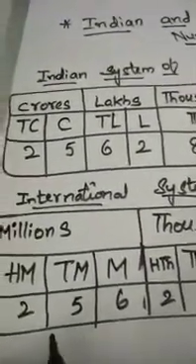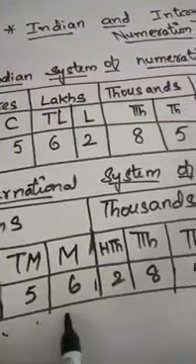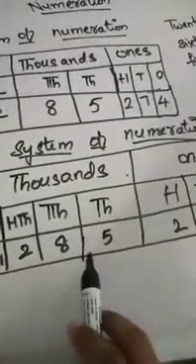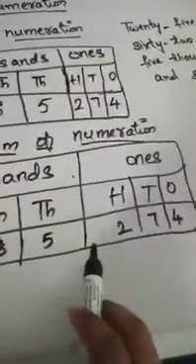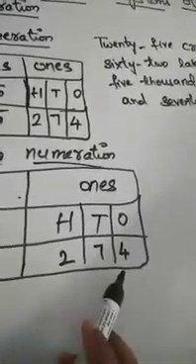Once again I am repeating: 256 million, 285,000 and 274.